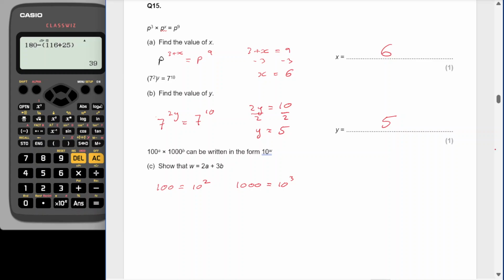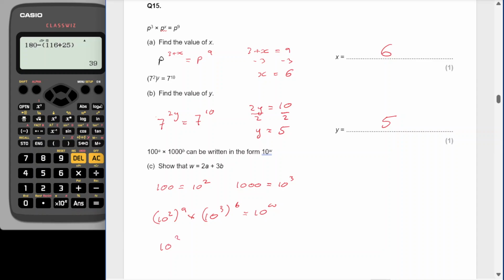So I'm now going to write 10 to the power 2 to the power a times by 10 to the power 3 to the power b is equal to 10 to the power w.